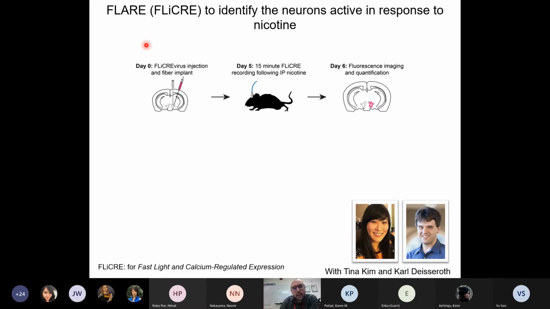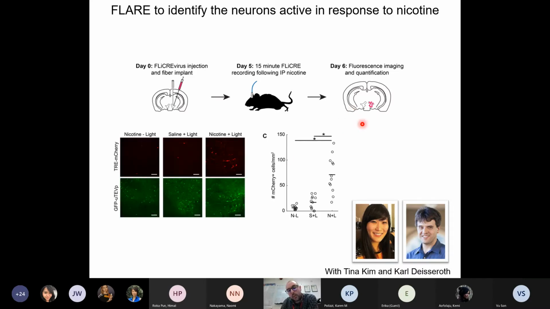To do that, I made adenoviruses that encode the FLARE constructs, and we injected them into the nucleus accumbens in the brain. Then we waited 5 days for the expression of these viruses, and we injected nicotine intraperitoneally. We shone light while we were doing the injection of nicotine, and then we waited 1 day for the expression of the reporter gene. And here, we were happy to see that we discovered some neurons that were stimulated by the nicotine.